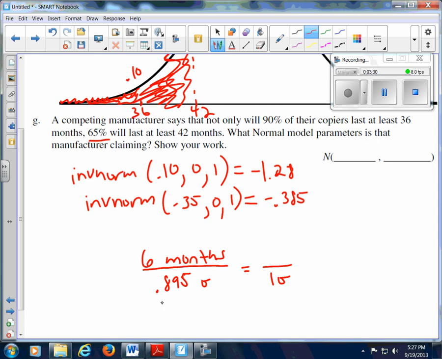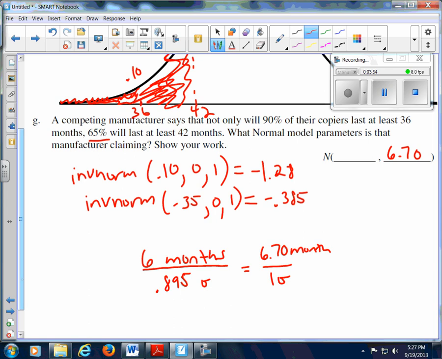So 6 divided by 0.895 is going to give me 6.7 months for one standard deviation. So I know my standard deviation is 6.70 months, but I still don't know the mean from all this.